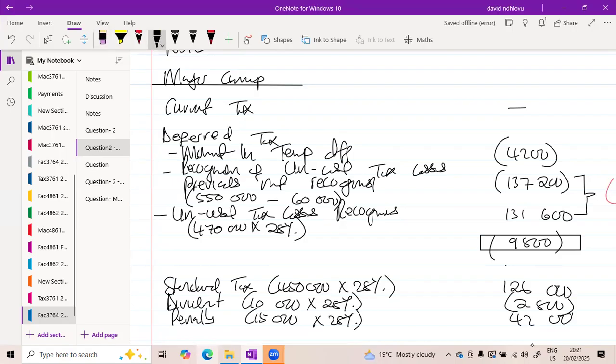To complete your reconciling items, you then bring down this value. So you then say, recognition of unused tax losses previously not recognized.